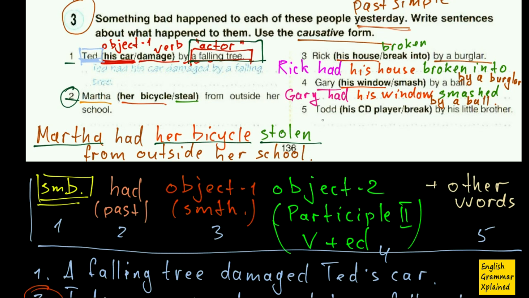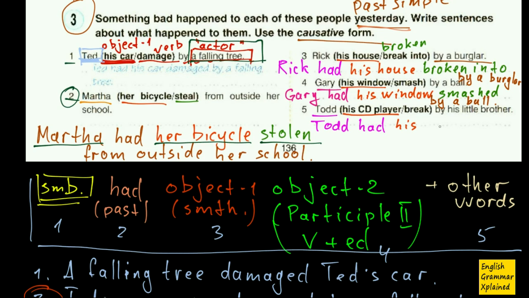And last but not least, number 5, Todd, and then in brackets his CD player, break, by his little brother. So, what is my subject? Yes, it's Todd. Then we put had. Then we put the first object. See, it consists of 3 words. That's not important.